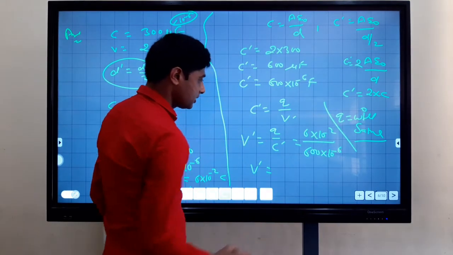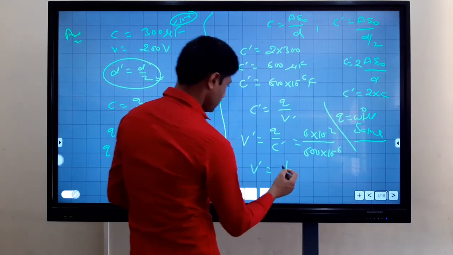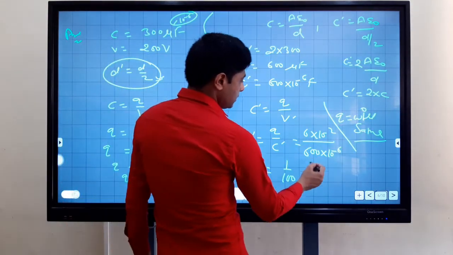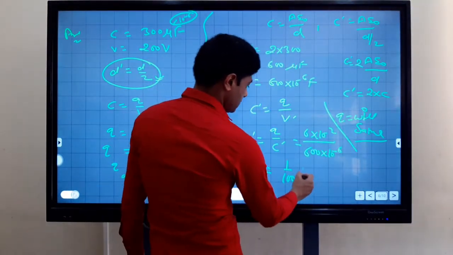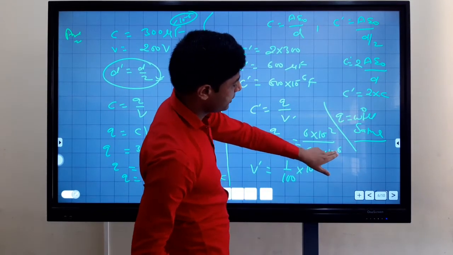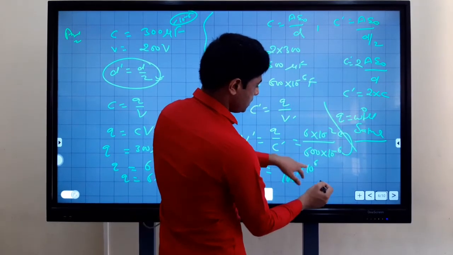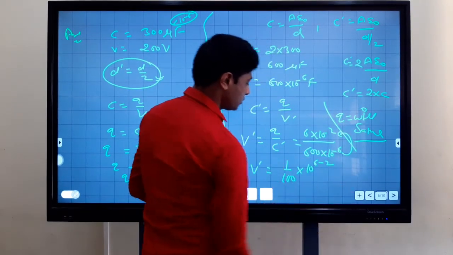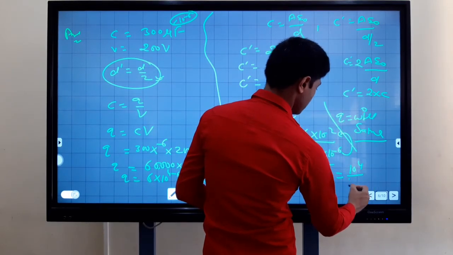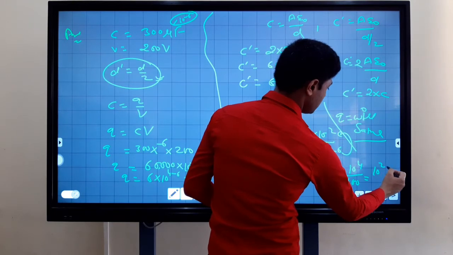So V dash equals 6 divided by 600, and the powers are plus 6 minus 2. It means 10 to the power 4 upon 100, which means 10 to the power 2.